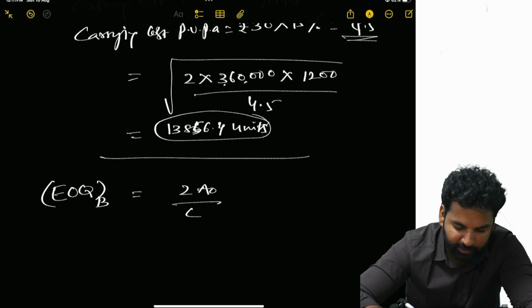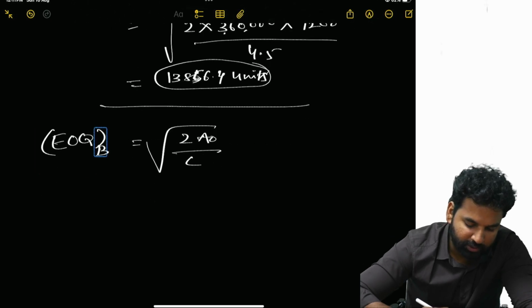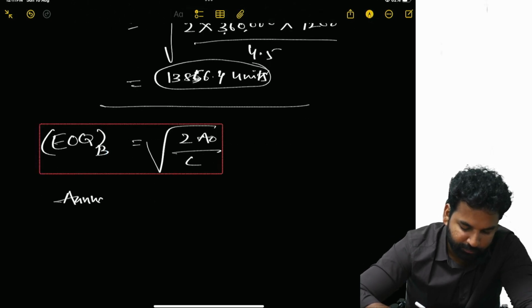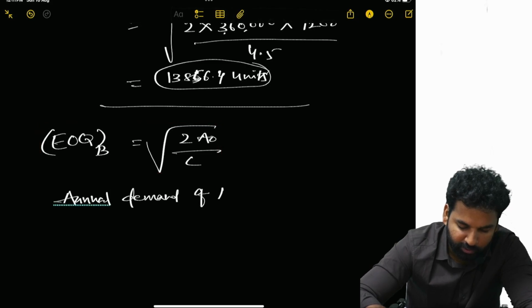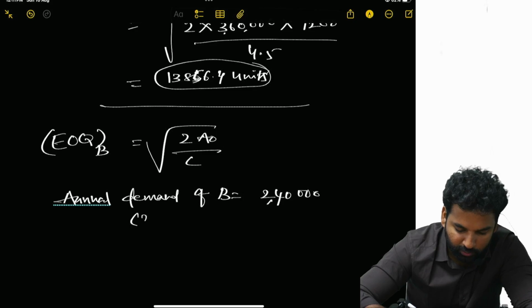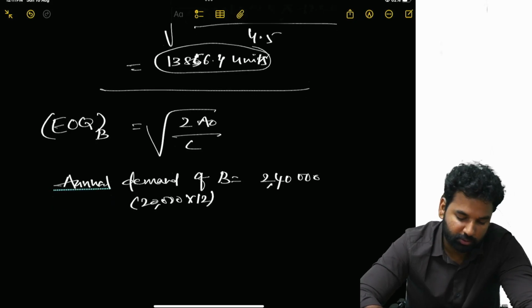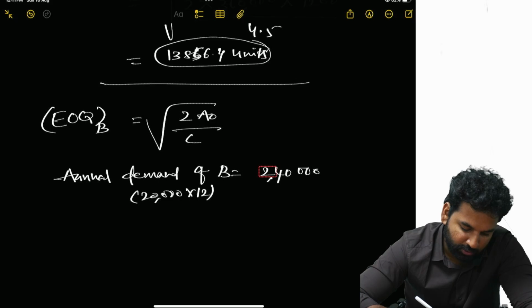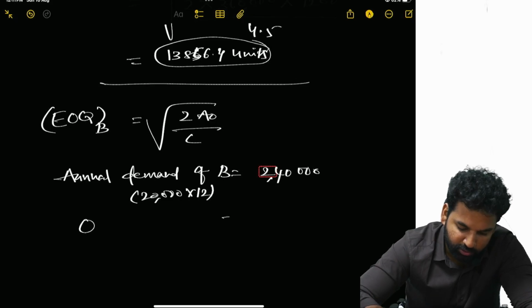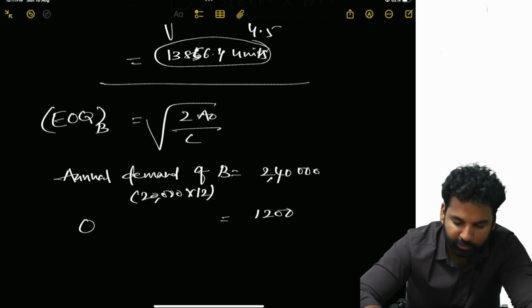Under root of 2AO by C. So what is the annual demand of B? Annual demand of B is equal to 2,40,000. How? 20,000 into 12. Okay, got it. Next, ordering cost O is anyway 1,200.